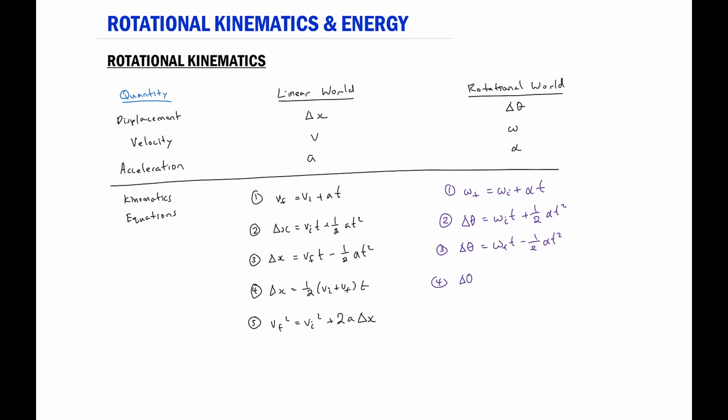We have delta theta being equal to 1/2 of (omega I plus omega f) times t. And the last one, omega f squared is equal to omega I squared plus 2 alpha delta theta.